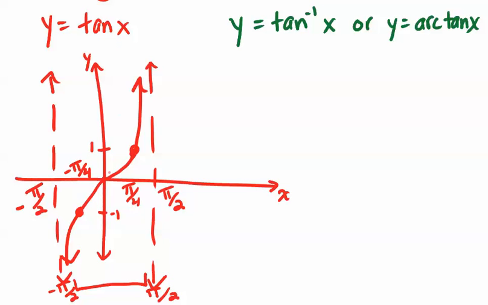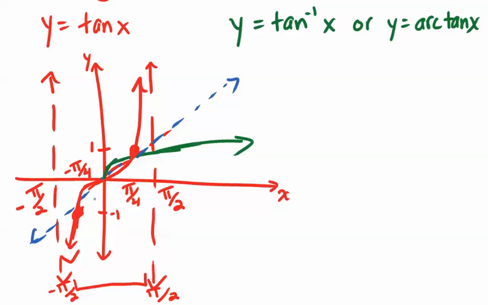So now we want to think what happens when we flip this over our 45-degree line. And interestingly, what used to be vertical asymptotes... Oops, I'm flipping this the wrong way here.